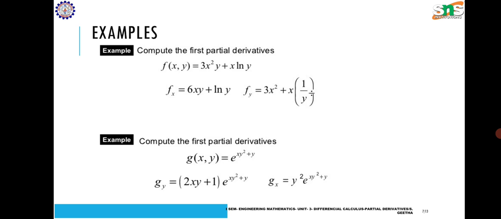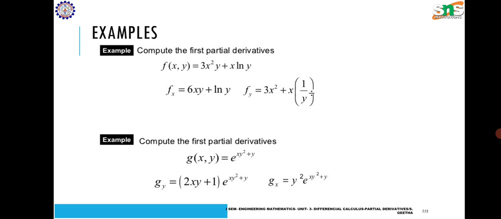Next, another example: g of x comma y is equal to e to the power of x y square plus y. Now we are going to find the derivatives gy and gx.